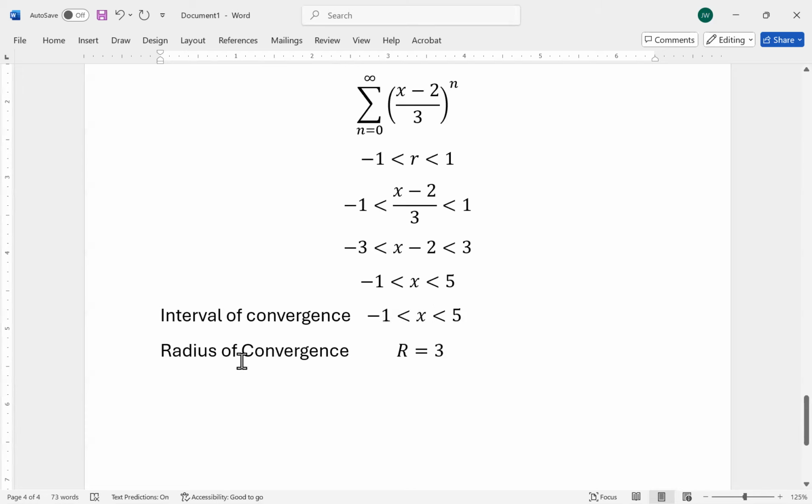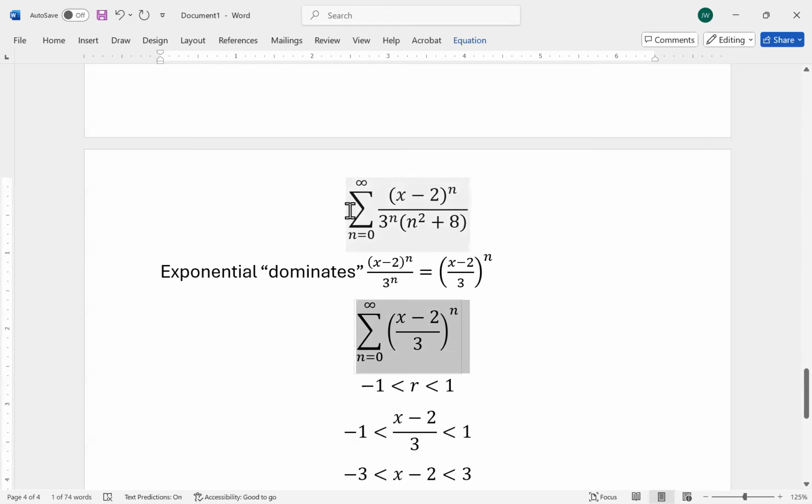Now, the calculation of the interval of convergence is the most important part. But we always need to figure out what happens with our endpoints. So what happens when I plug in a -1? Not to this infinite sum, but to my original infinite sum.